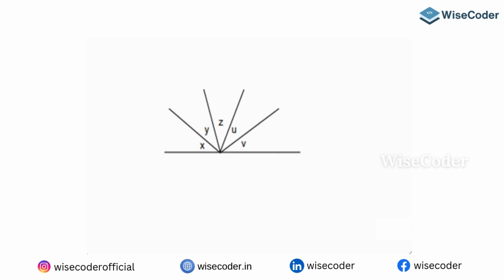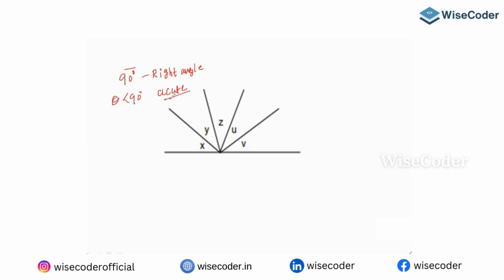Okay, so let's understand angles and lines. Guys, when the angle is 90 degrees, we call it a right angle. If your angle is less than 90 degrees, then we call it an acute angle.